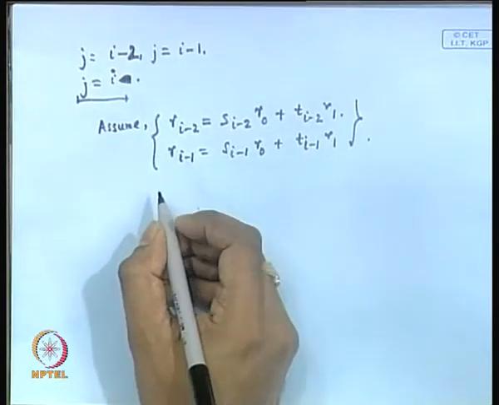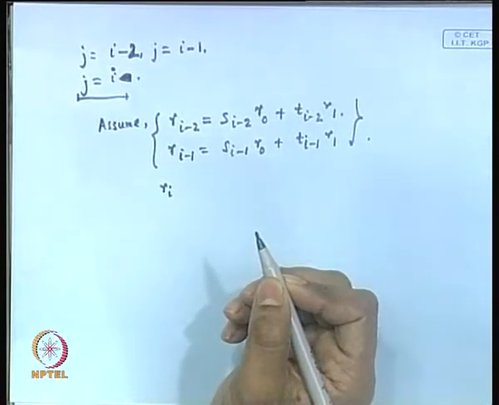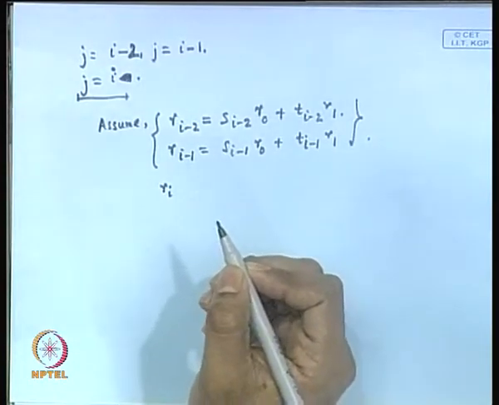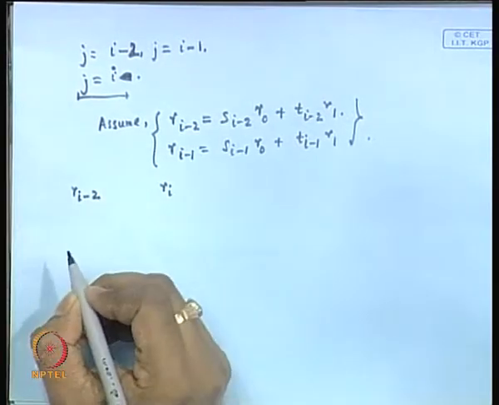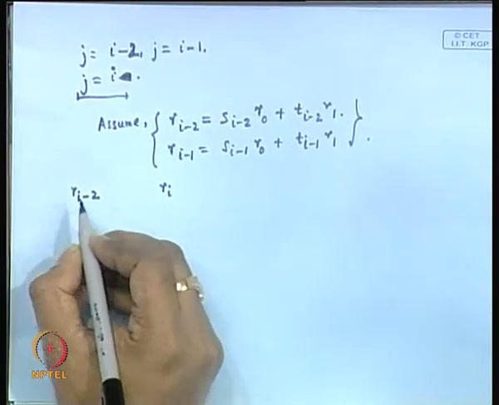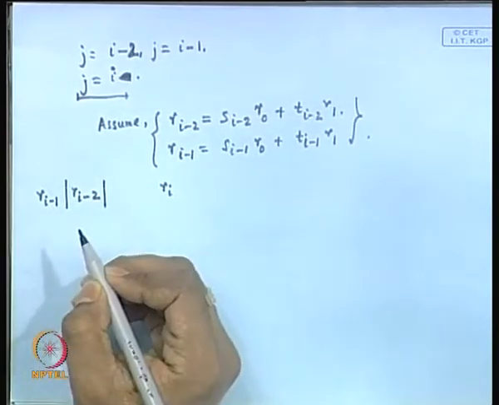So, when I am computing Ri, the corresponding remainder, what I have done in that particular step of the Euclidean algorithm is that I have taken Ri minus 2 and divided it by Ri minus 1.